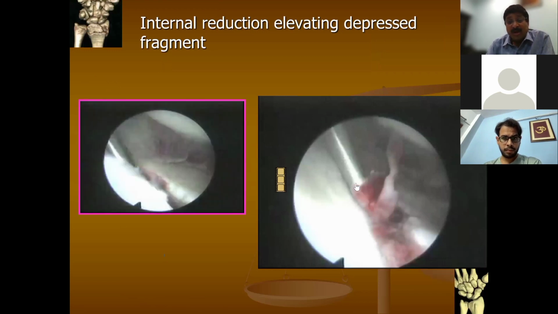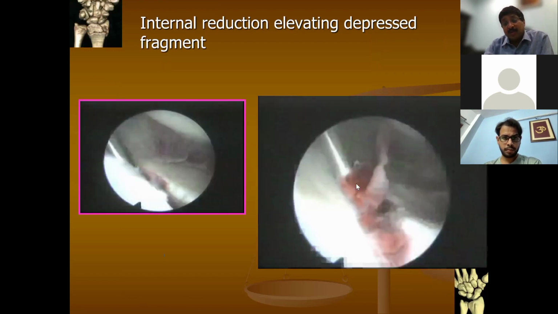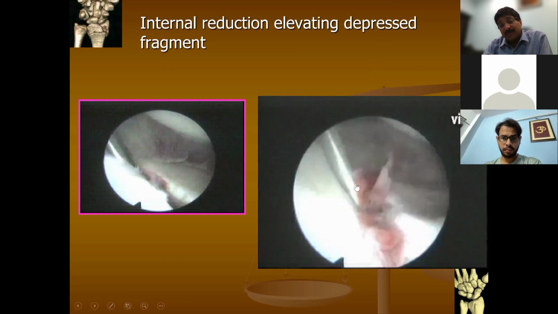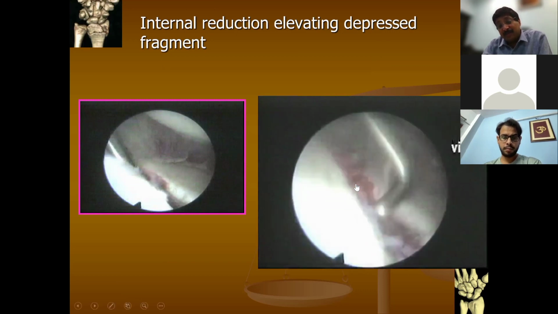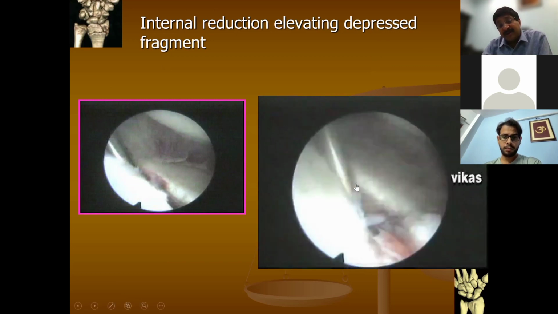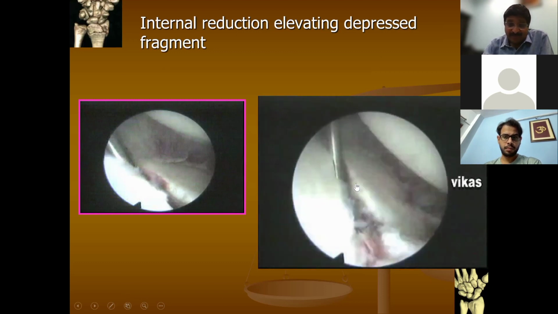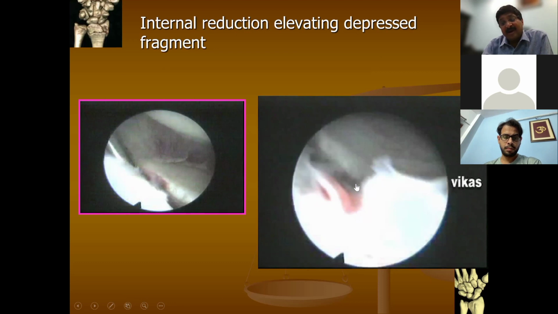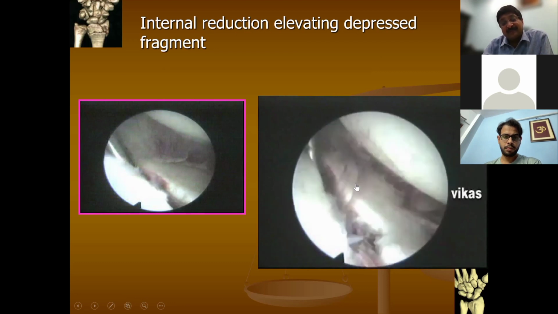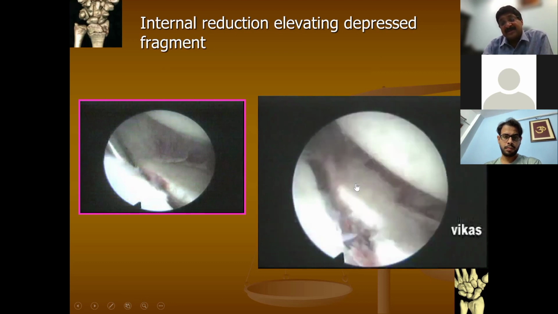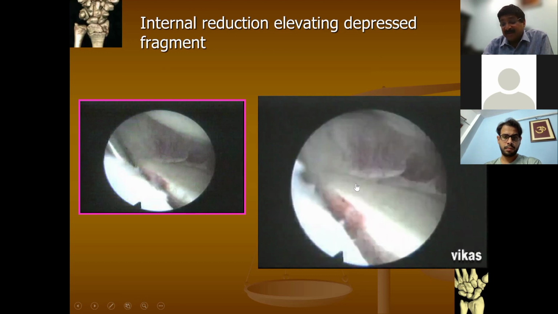Then you do arthroscopy to reduce the fracture. You put your probe inside, and when you rotate it, the fracture becomes elevated. Once the fracture is elevated, you can see very carefully how well the reduction is, where more than a millimeter step was there. Now it is almost anatomical.